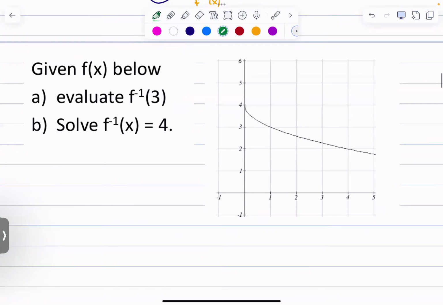So if we have f of x, the original function here, a line on the graph. With the graph, we can check to make sure it's a function, right? Using the vertical line test, it looks like it's only going to pass once, so that's good. So it is a function.